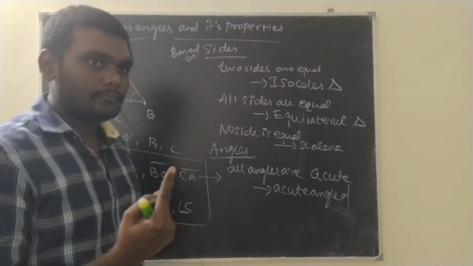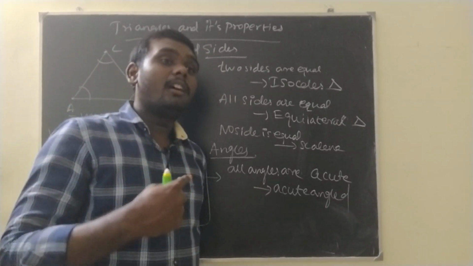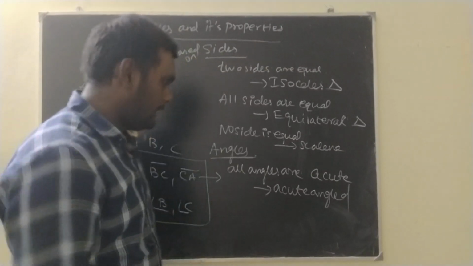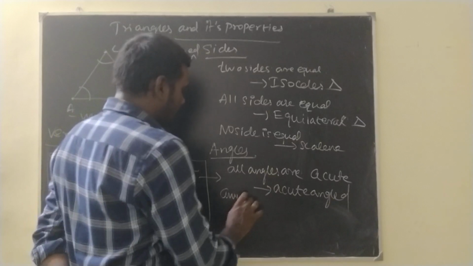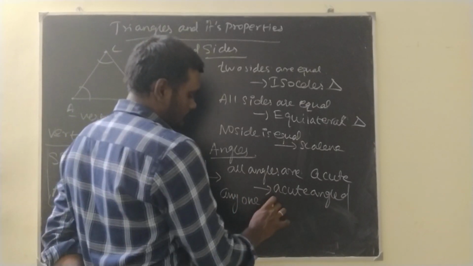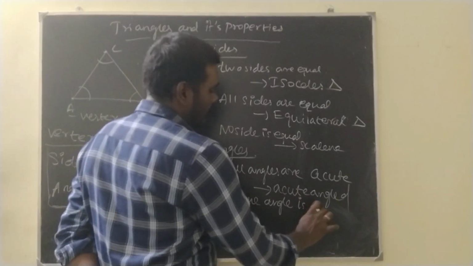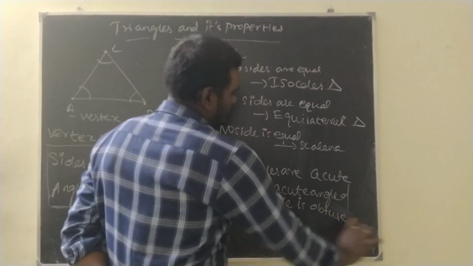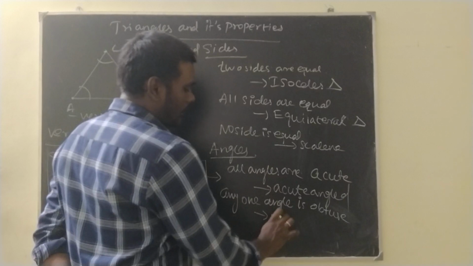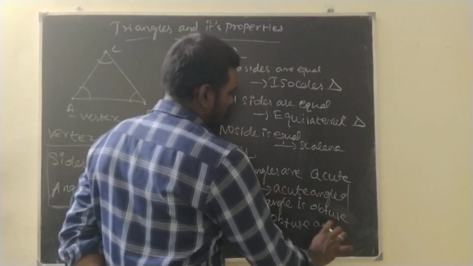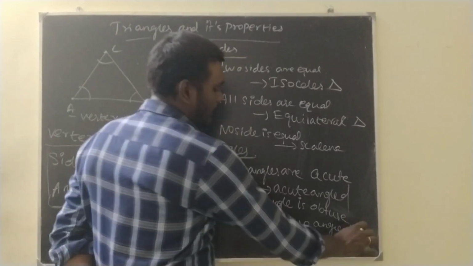If any one of the angles is an obtuse angle, observe clearly, any one of the angles is an obtuse angle, then it is called an obtuse angled triangle.